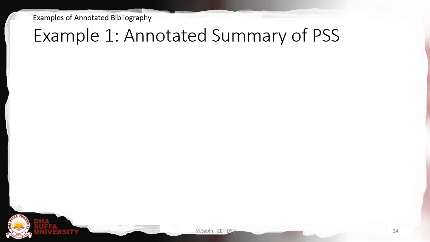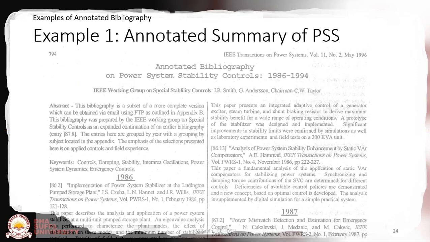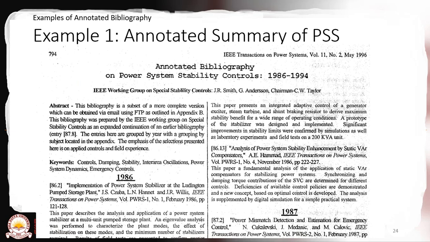Now for example, for power system stability. This is an annotated bibliography on power system stability in IEEE Transactions on Power Systems, 1996. And this is an annotated summary from 1986 to 1994, and it goes like this. You will have a reference, and then you have a paragraph describing that one. You have a reference here, and then you have a complete paragraph talking about that thing.